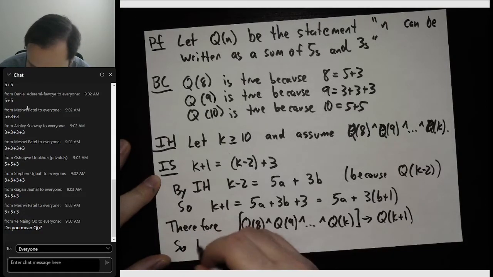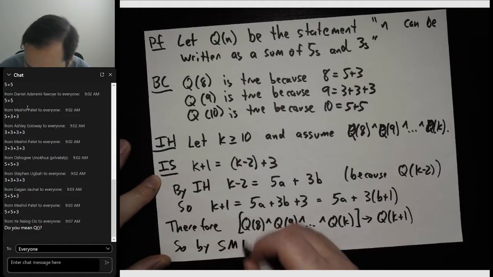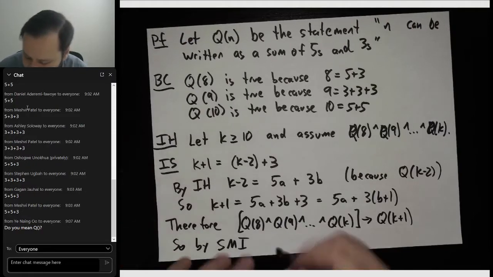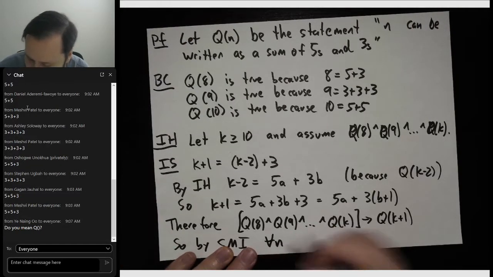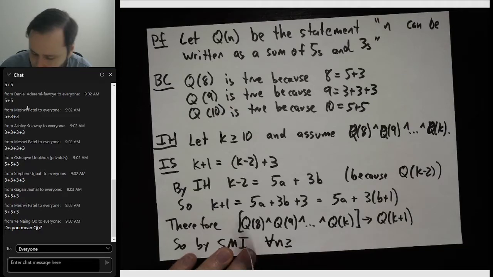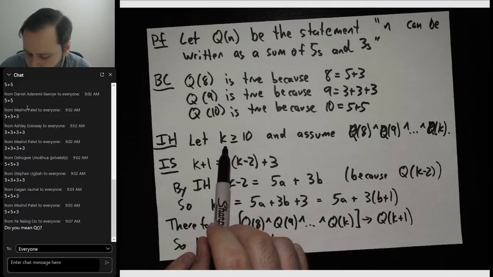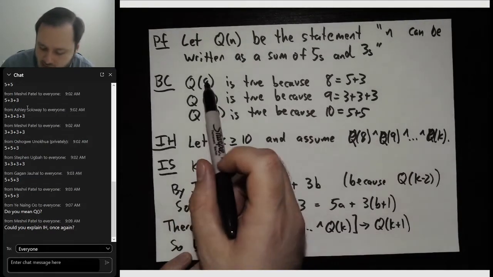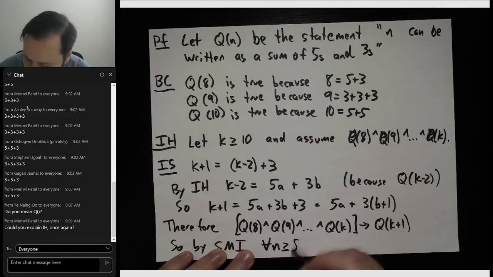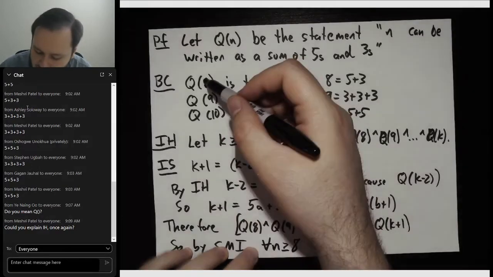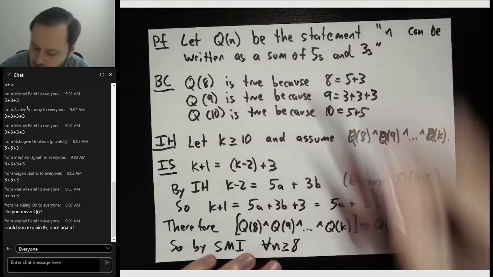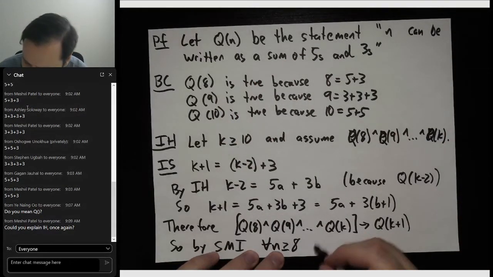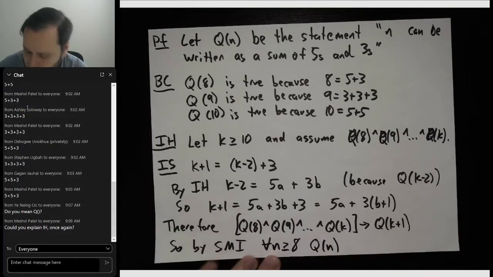So by strong mathematical induction, for all n greater than or equal to, now my induction hypothesis was greater than or equal to 10, but my base cases started at 8. So for all n greater than or equal to 8, I get Q of 8. Or Q of n, rather.